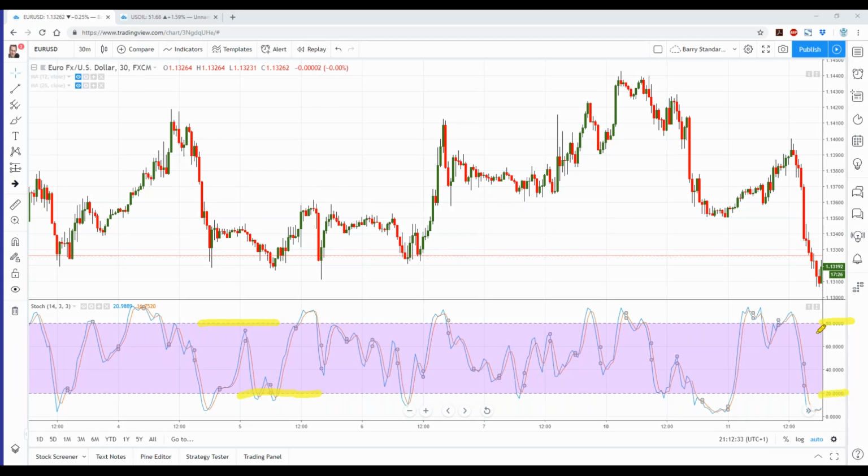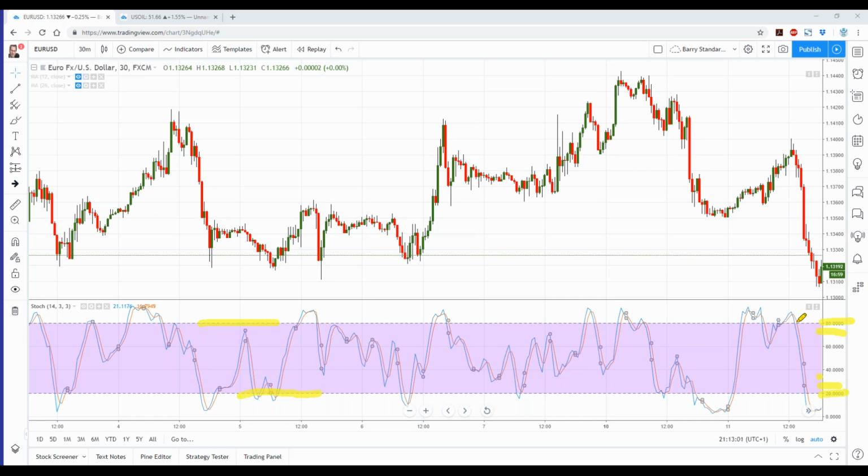Now, some people use a 75 and a 25. Some people use a 70 and 30. This isn't changing the indicator. This is just telling you what you think is important. I stick with 80 and 20 because I want the least amount of signal and the more reliable. So I would like to get less trading information, but when I get it, have it very, very reliable. But you can adjust that comfortably.